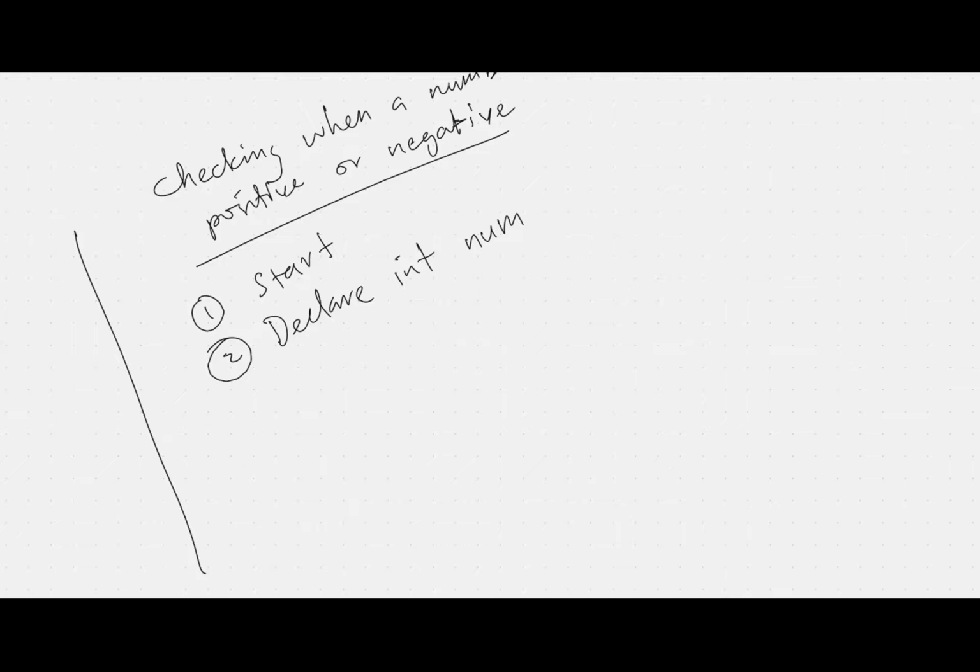Yes, the prompt. So we write, enter a number. Then number 4, we collect the number. So input num. Now that we've done the input, what do we do at number 5?